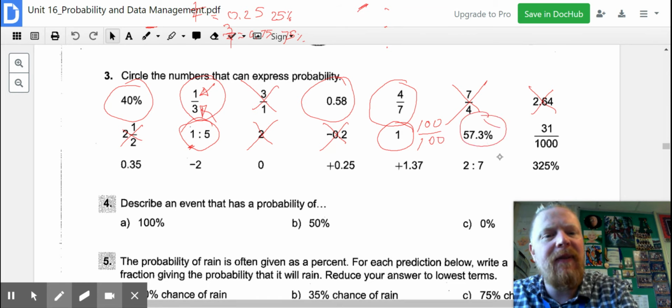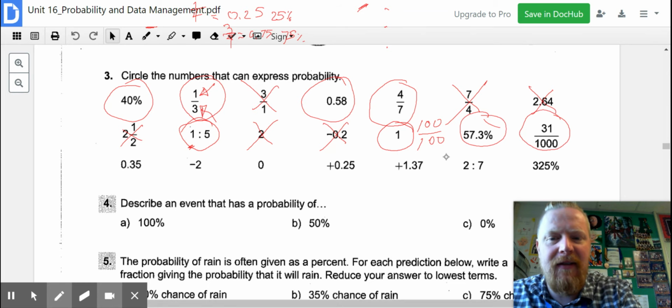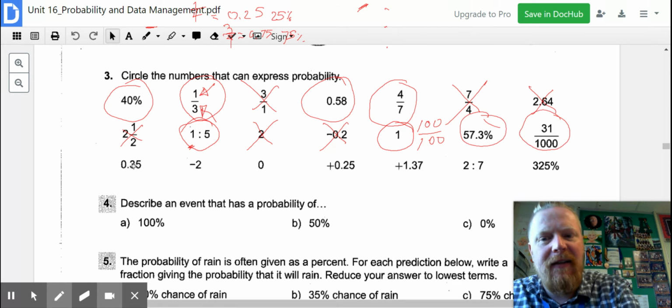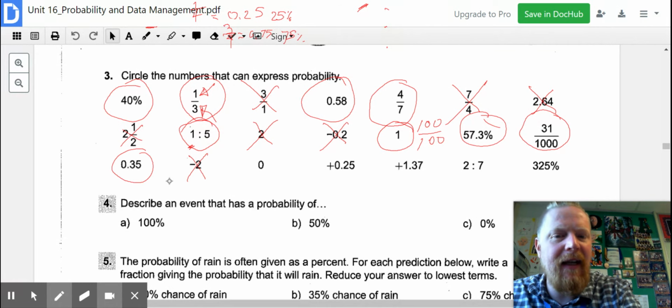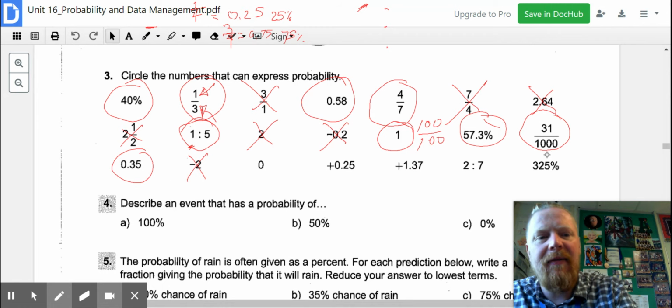Yeah, you can have decimals of percents. You can have fractions out of 1,000. Okay? That's good too. No, can't have any negative numbers. Okay? No, can't have anything greater than 100%.